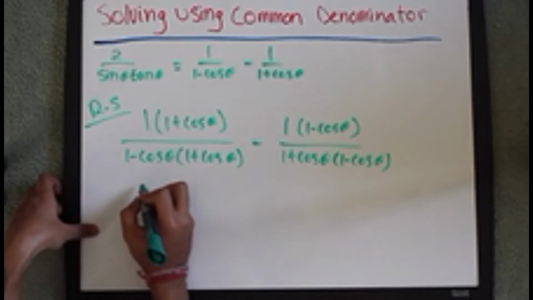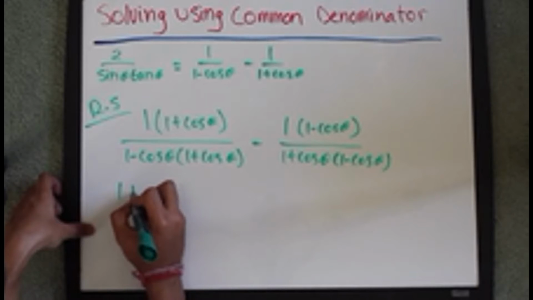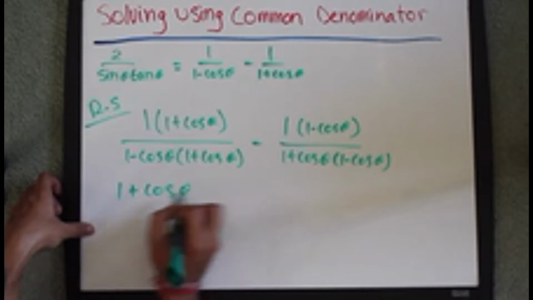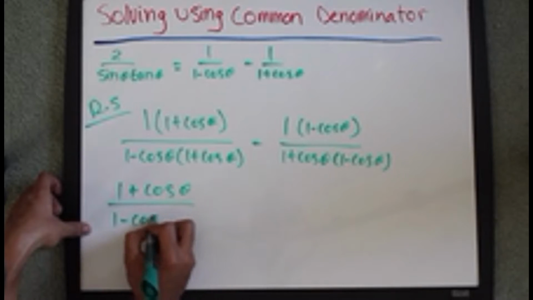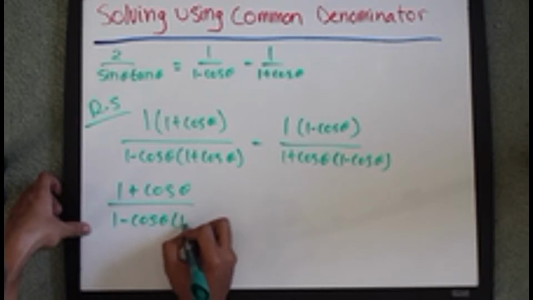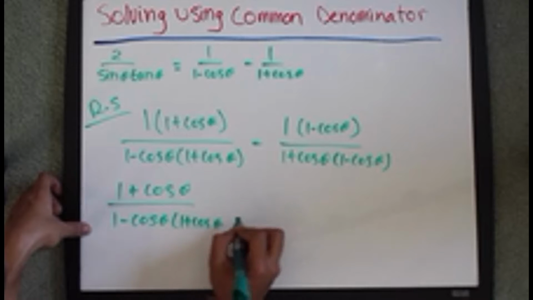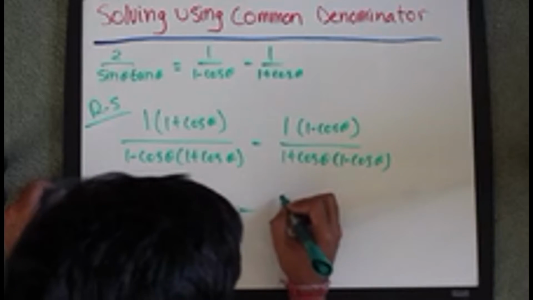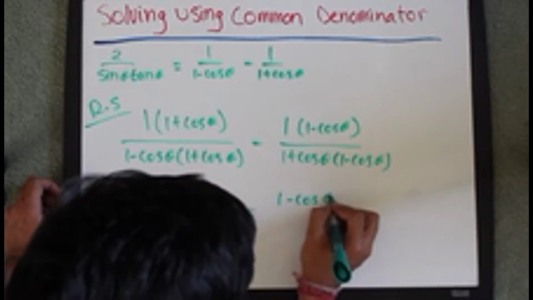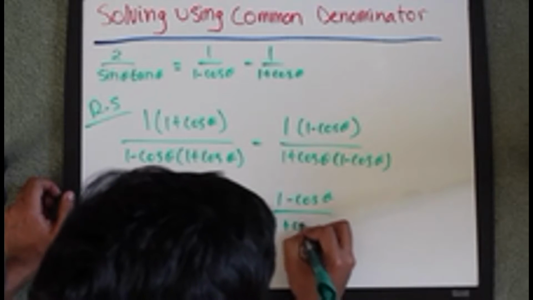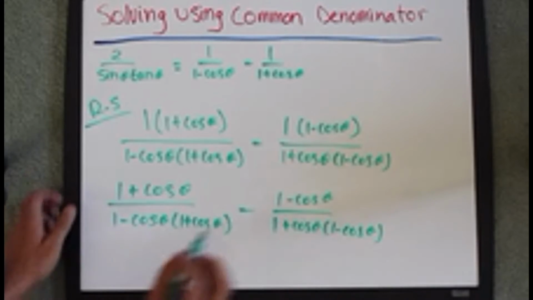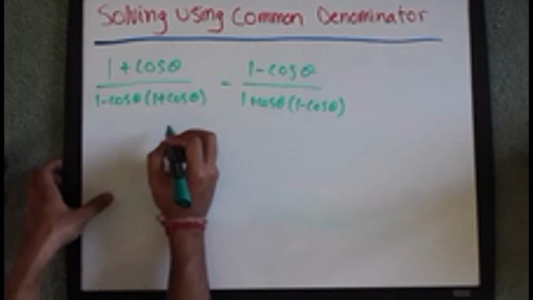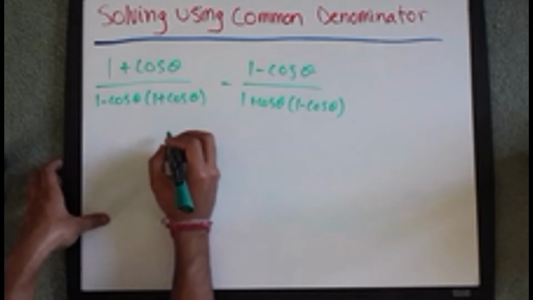So now at the top we have 1 plus cos theta over 1 minus cos theta times 1 plus cos theta, minus 1 minus cos theta over 1 plus cos theta times 1 minus cos theta. Okay, so now we're gonna add these two since the denominators are the same.